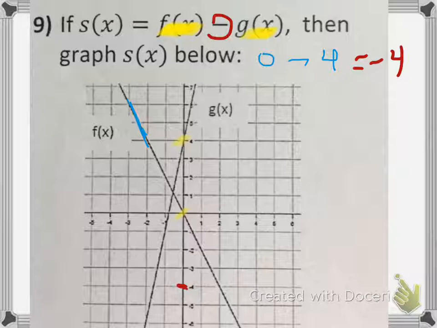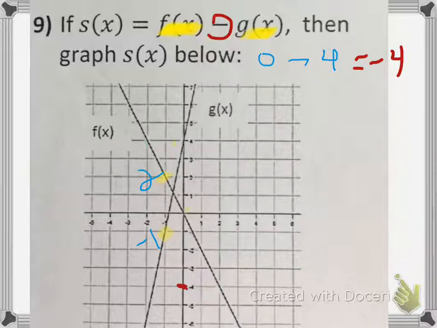Now I know a line minus a line is going to be a line, so I just need to find one more point somewhere. So let's see if we can find one more spot on my graphs to find some nice values. How about right here at -1? Over here at -1, this graph is up at 2. This graph is down at -1.